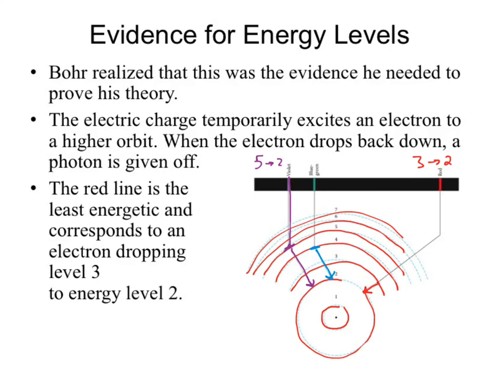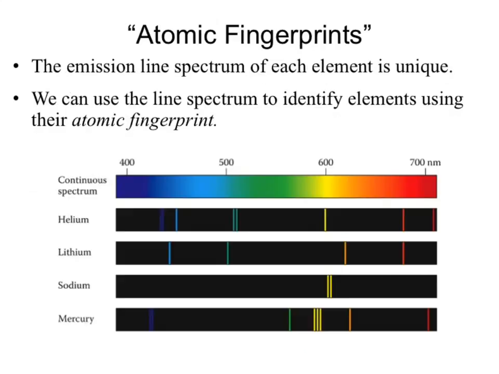So when they're trying to find the atomic fingerprint, do they just give it a really big charge and then see where it falls? To get those individual atomic fingerprints, what you have to do is get that element into a gas phase. Once it's in a gas phase, you can then pump electric current through it. That electric current is your energy source that can cause absorption and then emission.